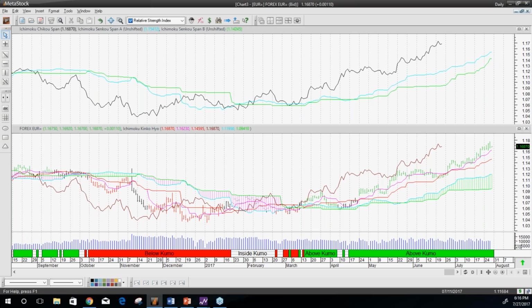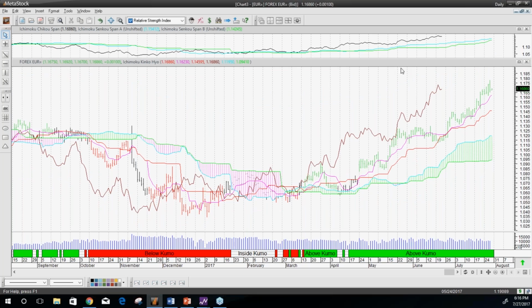This allows you to see those projections into the future where you wouldn't be able to see them down here. And then we also have the Chikou span, which is that close 26 periods ago. Now that we're here, we're going to show you a little about what's going on with these signals.